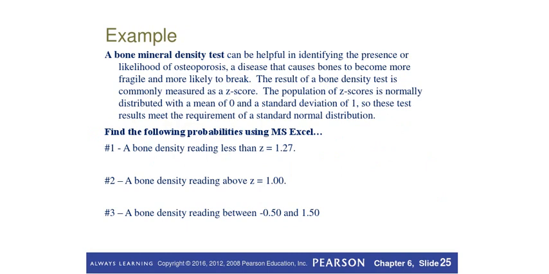So let's say that we found somebody and we said, well, what is the probability that we're going to find somebody with a bone density reading less than 1.27? Well, what we would do is we would go to Excel and enter in our formula right here, or go to the table and find 1.27 there.